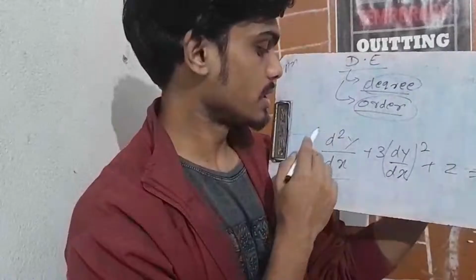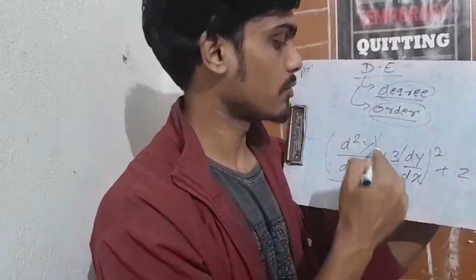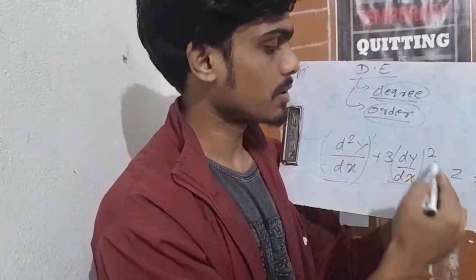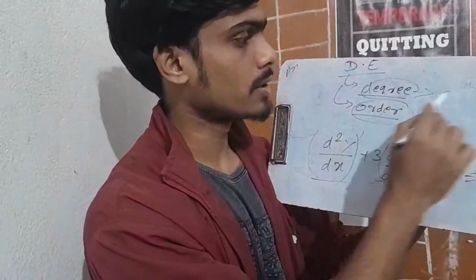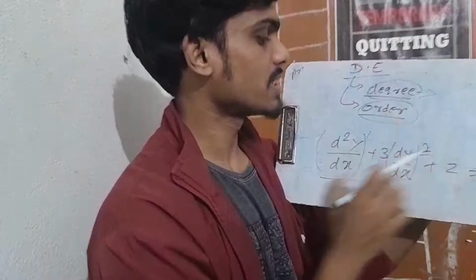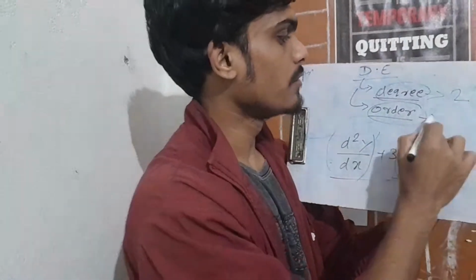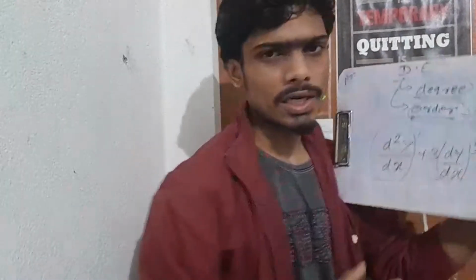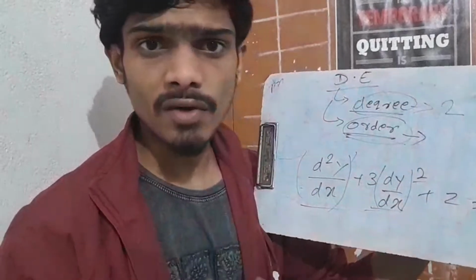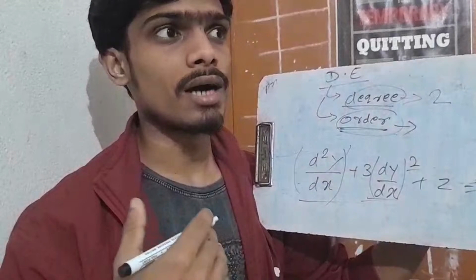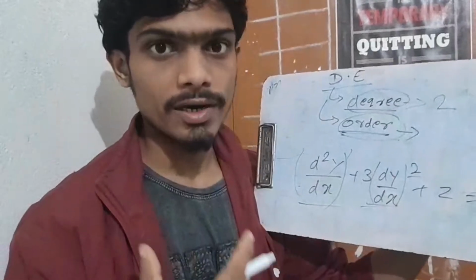If you see here, what is its power? 1. What is its power? 2. So the highest power is called what? Degree. So the degree of this expression is 2. Order is nothing but the form of the highest derivative.